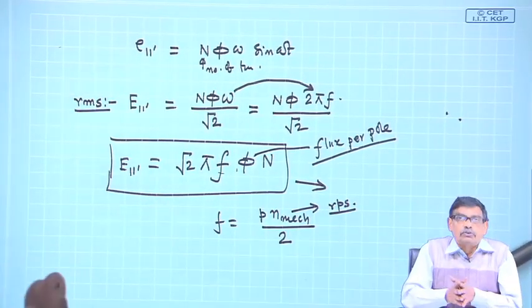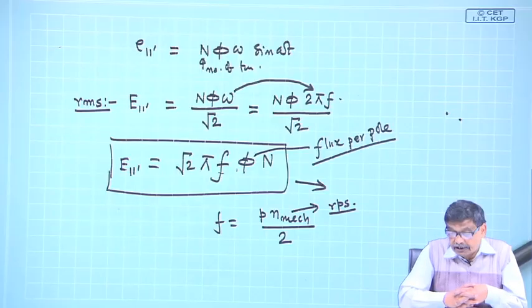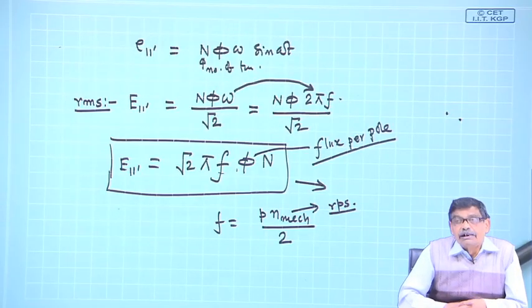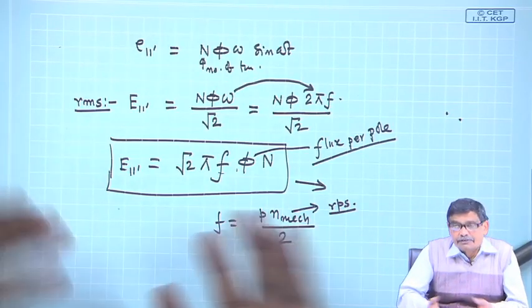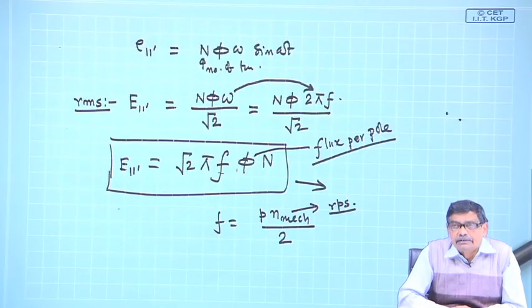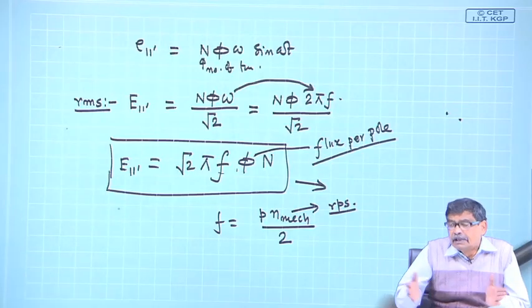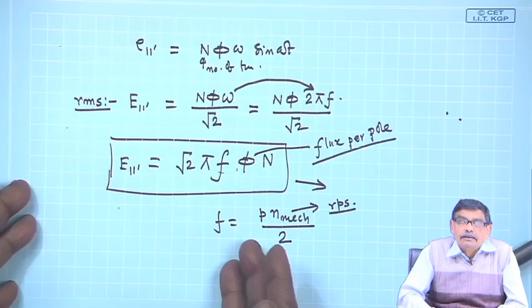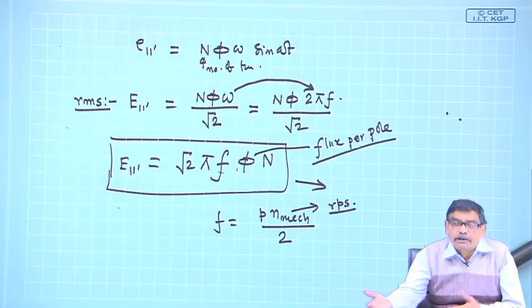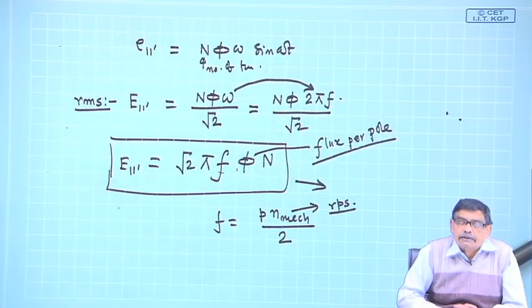So, if you have understood what has happened to a coil induced voltage, then in a rotating machine there will be number of coils. I will not be daunted by this, because I know what is happening to a single coil. In other coils, they will be simply displaced from this coil by some angle, either in the forward direction or in the backward direction.